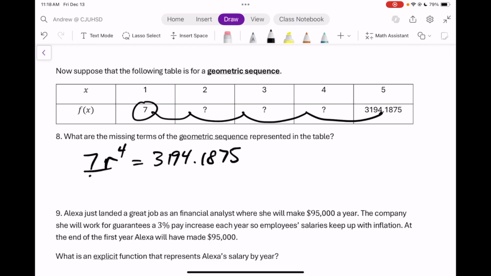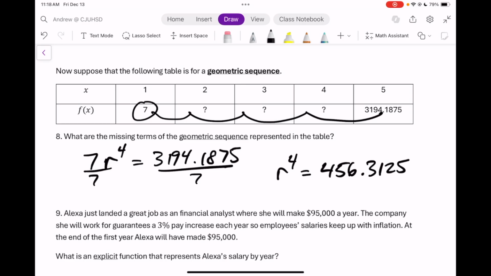We divide by 7. R to the 4th is 3194.1875 divided by 7, which is 456.3125.